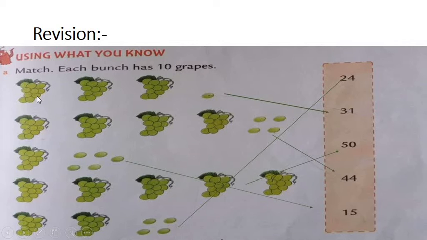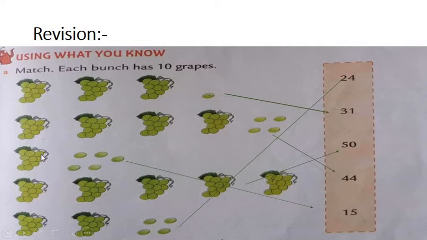One bunch is made up of 10 graphs. So 10, 20, 30. 30 and 1, 31. Then we have 1, 2, 3 and 4 bunches, means 40. 40 plus 1, 2, 3 and 4, 44.